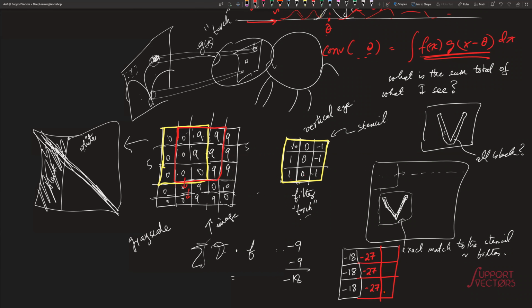Asif, it will be 18, I think, for the next one because there's a 0, right? Oh no, you're right, it's minus 27. And then you move it one more step in this direction. Guys, I'm a little bit sloppy, so sometimes I make mistakes.